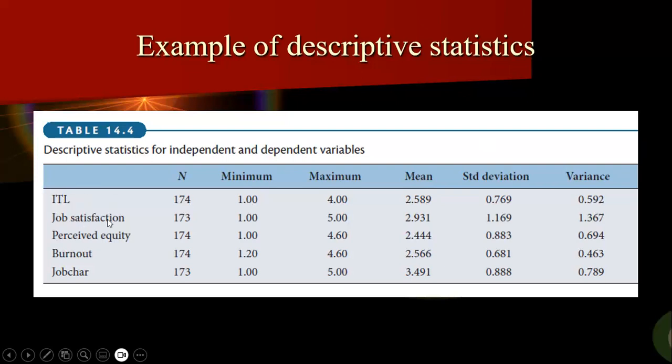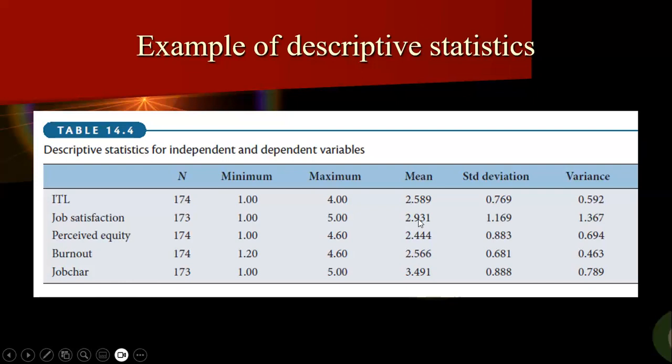The same description can be given for job satisfaction, which has 173 observations with the minimum value of 1 and the maximum value of 5. In the whole 173 entries, job satisfaction has a minimum value of 1 and a maximum value of 5.